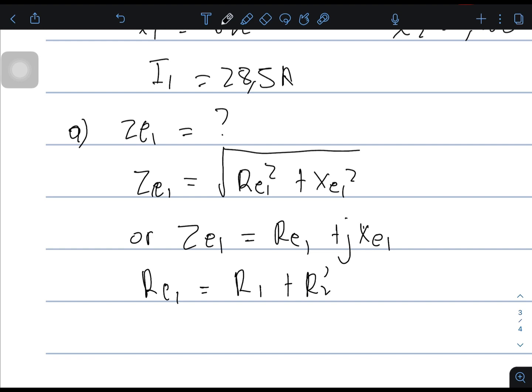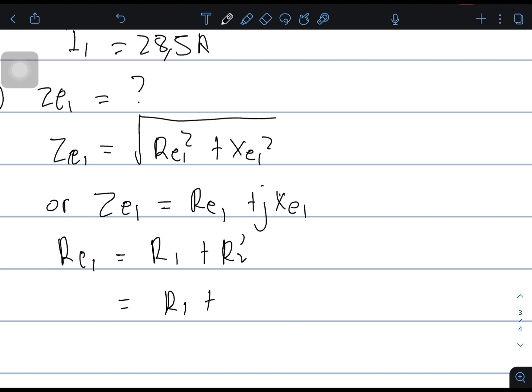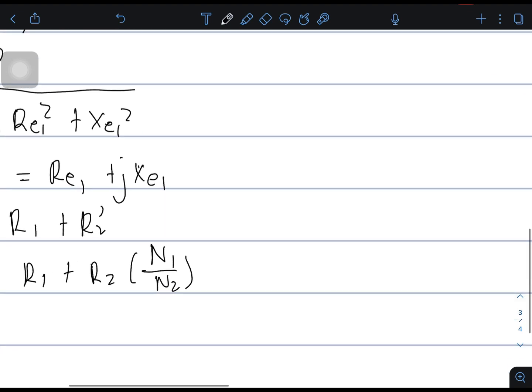So we have to use this formula, R1 plus R2 times N1 over N2. N1 over N2 is the turns ratio.